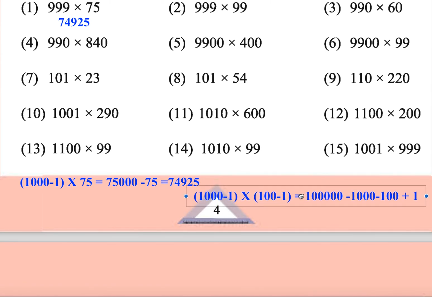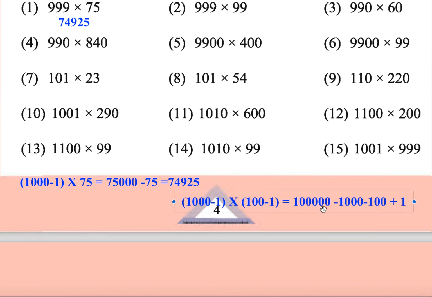In this you have to remove 1000 first. If you remove 1000 from 1 lakh, how much will it be? 1 lakh is 100k, so it will be 99,000.